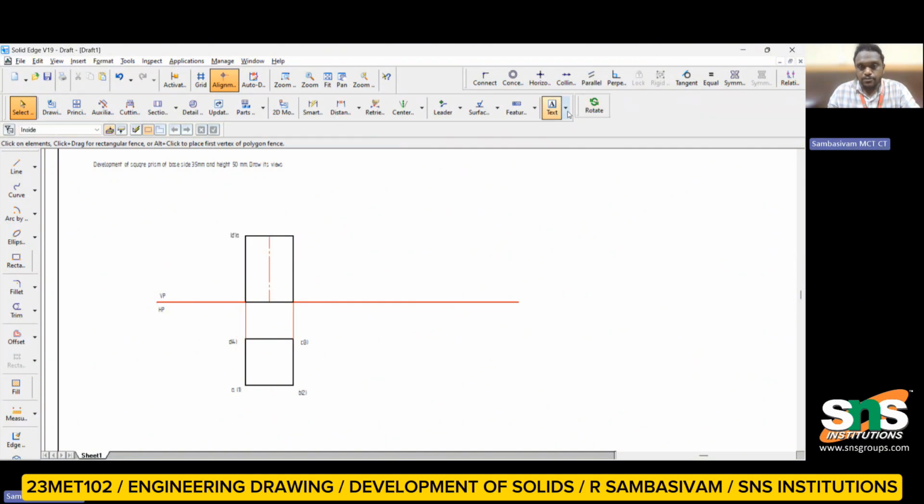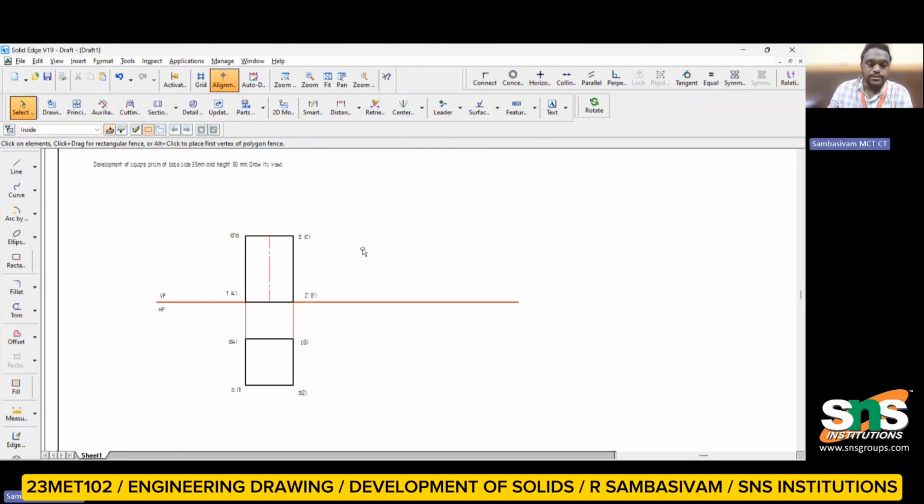Similarly, from this point we can see B dash, but we can't see C dash. Similarly, from this point we can see 1 dash in bracket, but we can't see 4 dash. Similarly, from here we can see 2 dash in bracket, but we can't see 3 dash. So this is how we can draw the simplest projection. Everybody knows how to draw the simple projection.